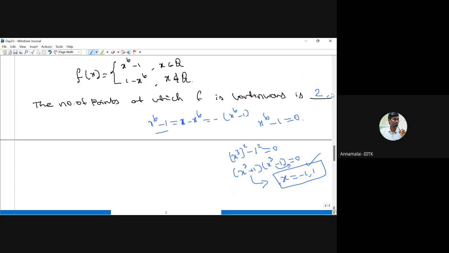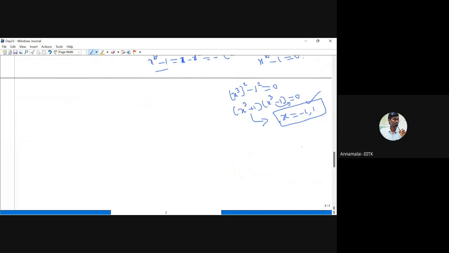Now, we move to the next problem, on the coefficient in the Taylor series expansion. We know the Taylor series expansion about a point.